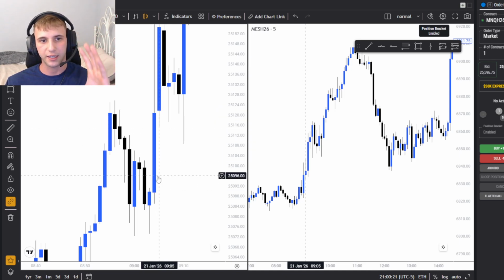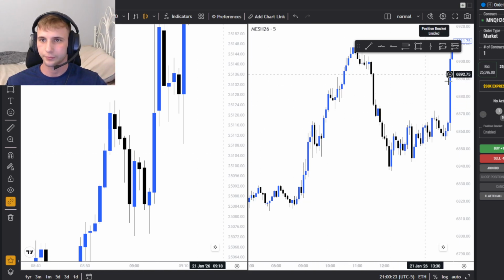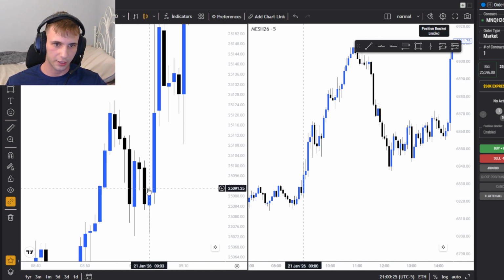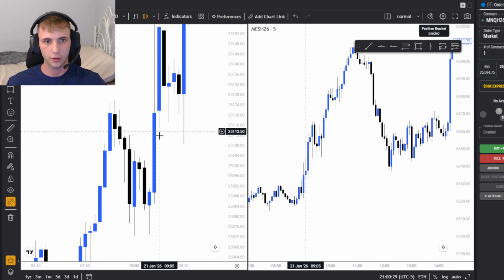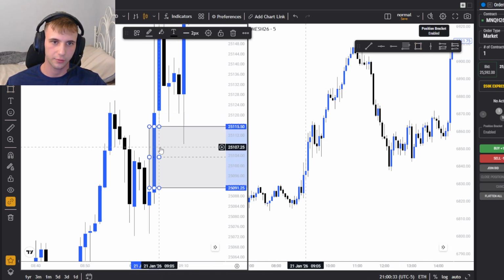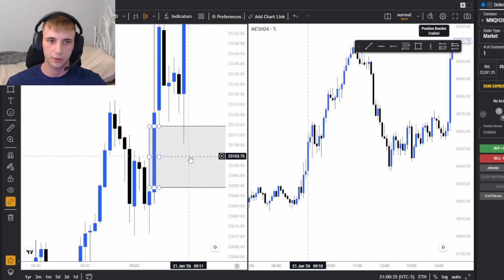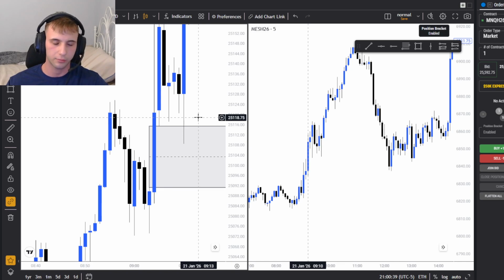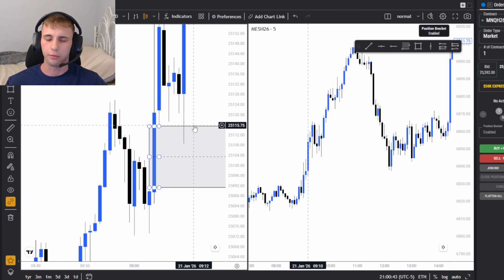So it has a body that's exposed, and it doesn't have a candle to the left or to the right with a wick or a body touching it. So this is what it looks like. Boom, fair value gap. It could be any 3 candle pattern, if that makes sense. Like I said, we're skimming over this part.